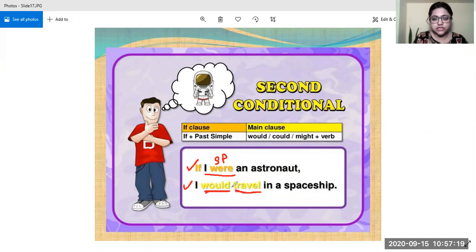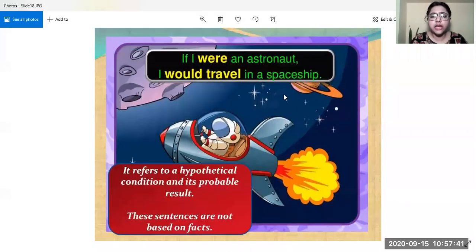So this is the structure of the second conditional. I would travel in a spaceship, not would have. So if I were an astronaut, I would travel in a spaceship.